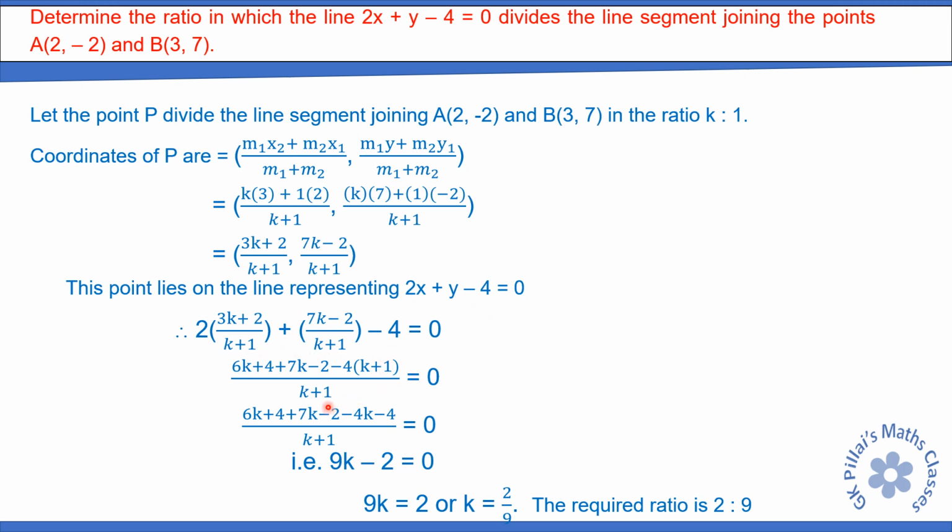You have to take the LCM k plus 1 and you will get the numerator like this, and here it will be minus 4 into k plus 1. Simplify this, you will get 9k minus 2 equal to 0. K plus 1 into 0 will be 0 only. 9k equal to 2, k equal to 2 by 9. Therefore, the required ratio is 2:9.